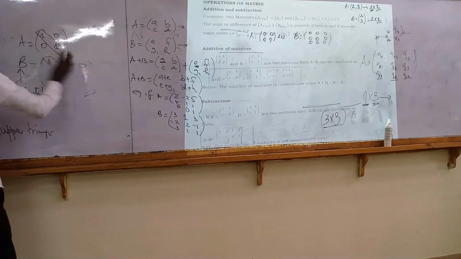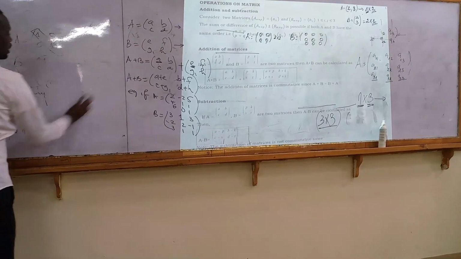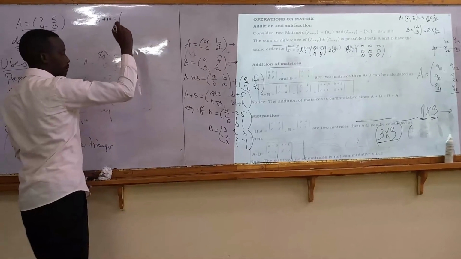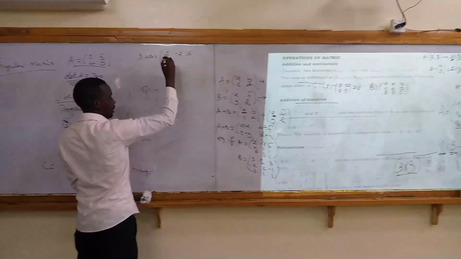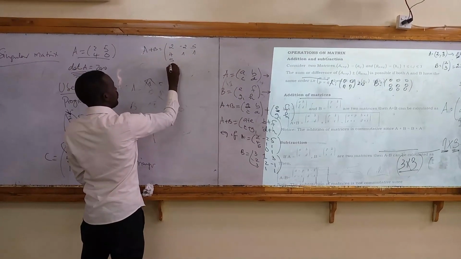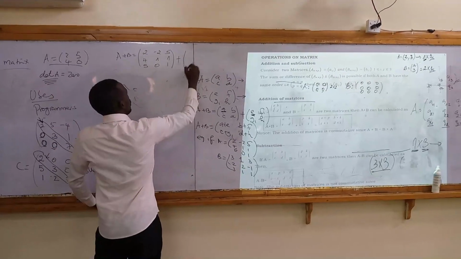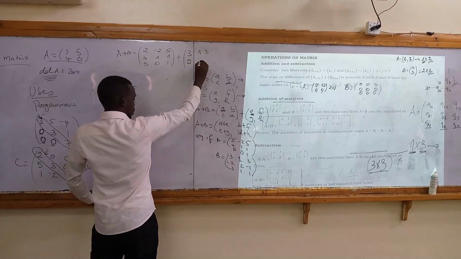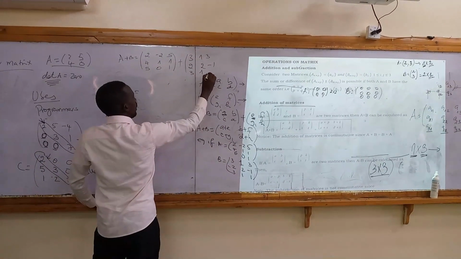We are going to get the summation of A plus B. When you take A plus B, it will be 2, negative 2, 5, 4, 1, 1, 5, 0, 1, plus 3, 1, 3, 2, 2, negative 1, 3, 1, 1.